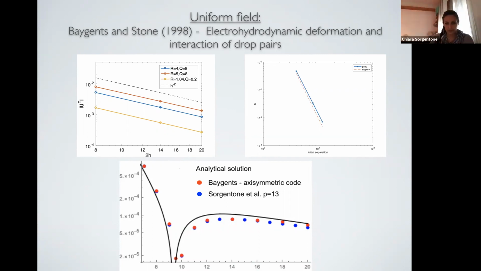This is what we are plotting here versus the distance. You can see that when the drops are close, the velocity scales as minus 4, and then when they get far away, the slope changes. We were in very good agreement, both our analytical solution and our numerical simulation.